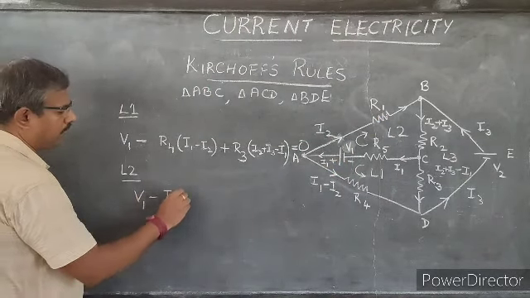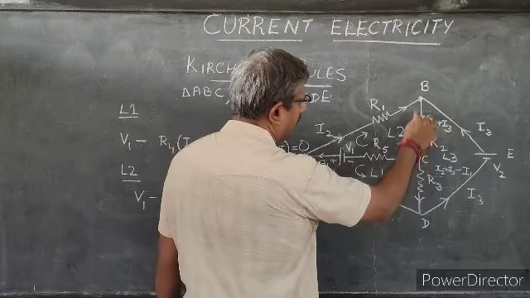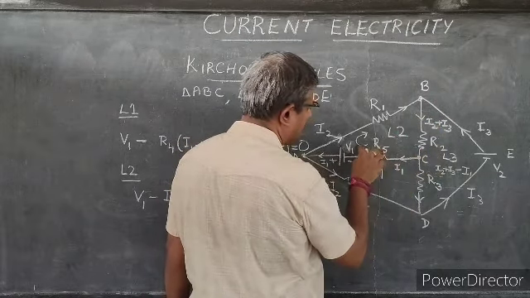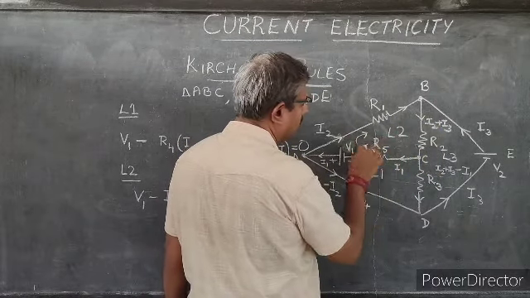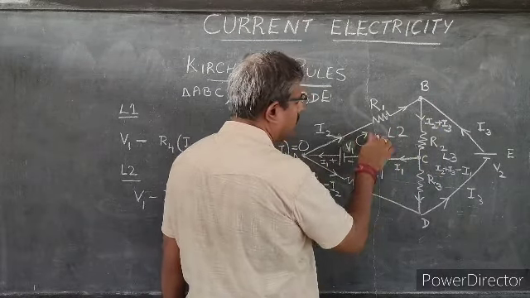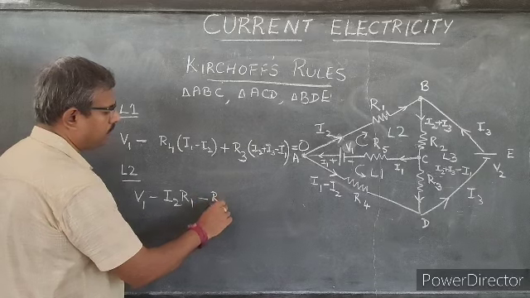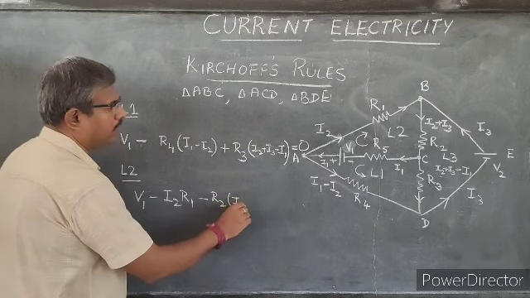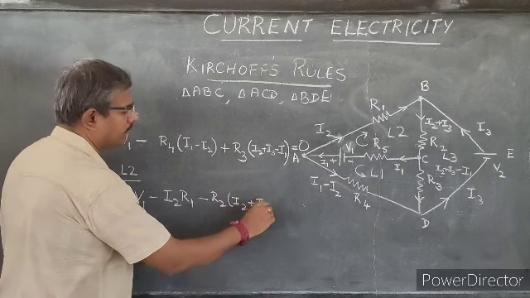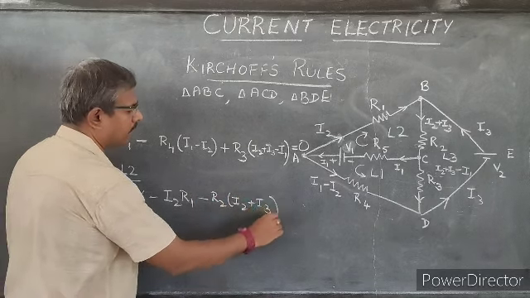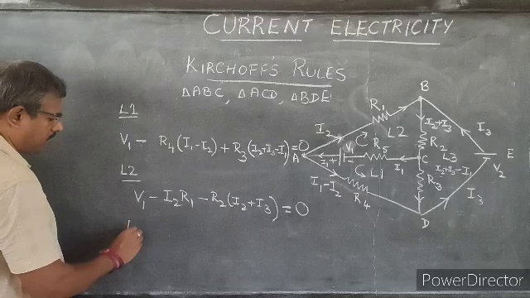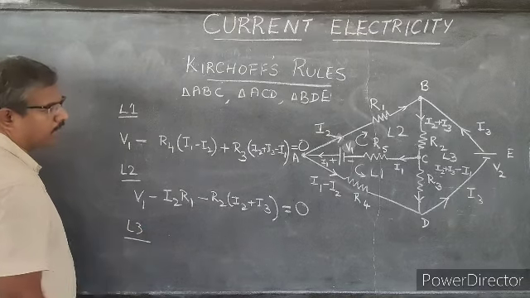I2 into R1. Again here I am going in the downward direction. My direction of going through the loop is also in the same direction. Current is also in the same direction, so I continue to take it with a negative sign. R2 into I2 plus I3. The algebraic sum of all this should be equal to 0.